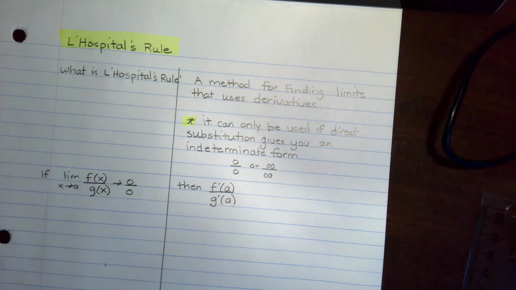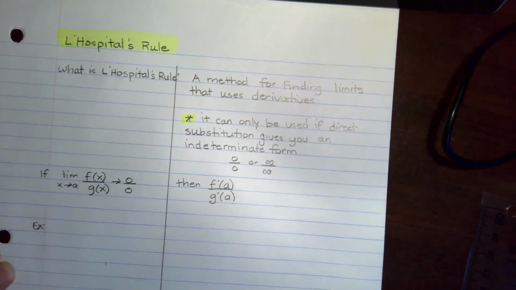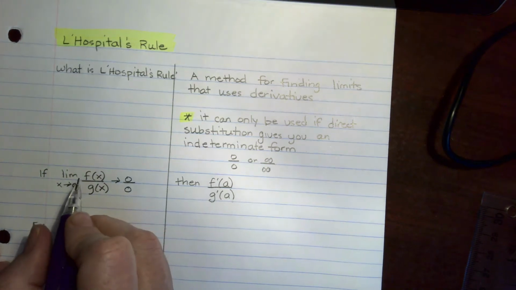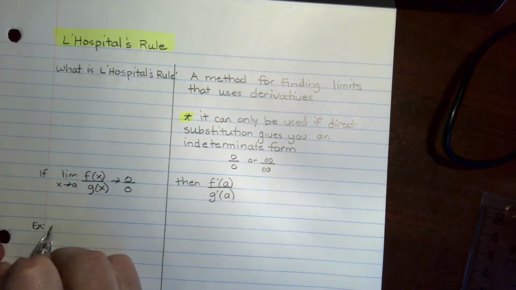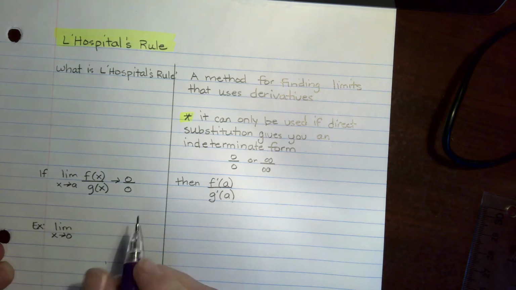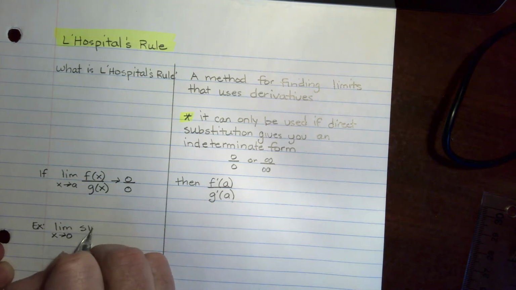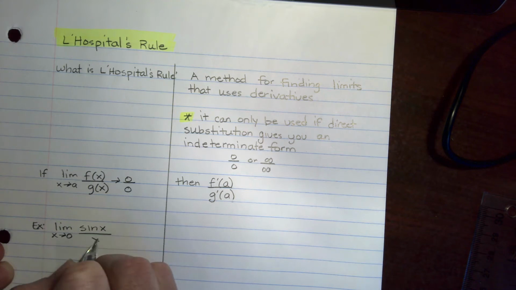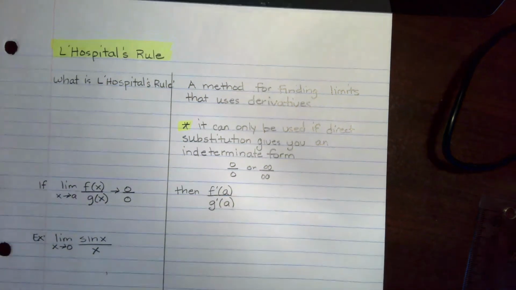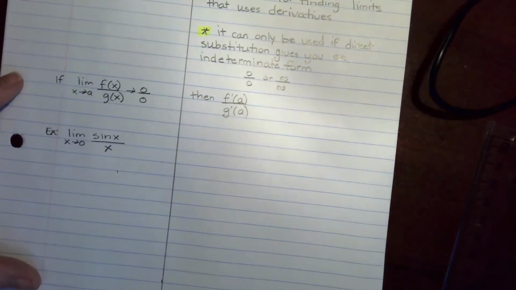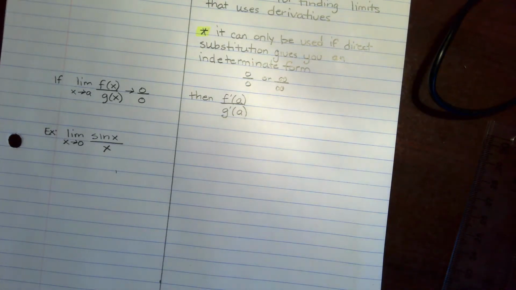Okay, so let's look at one of our special trig functions. We didn't know how to solve that, and we just said, well, let's just memorize it for now, and then we'll worry about it later on. So we said something like this, and hopefully we memorized that that was equal to 1.